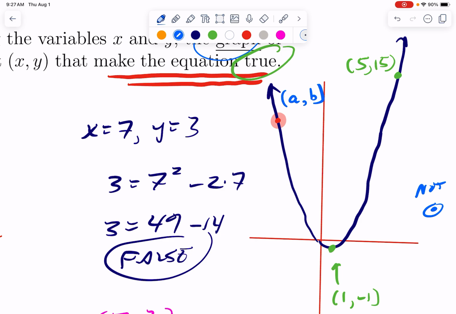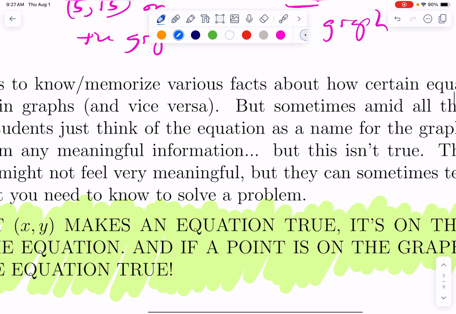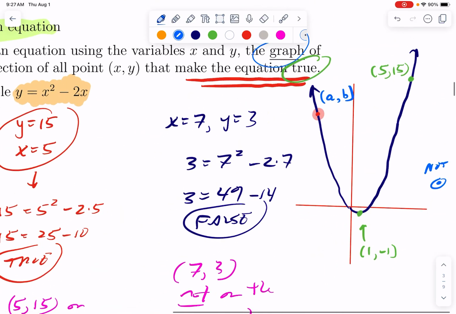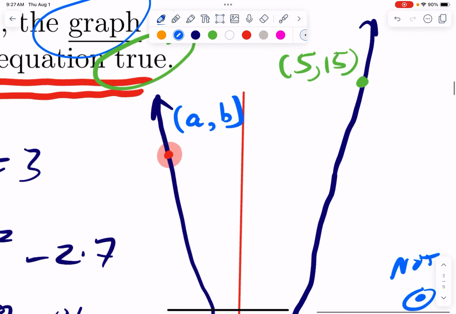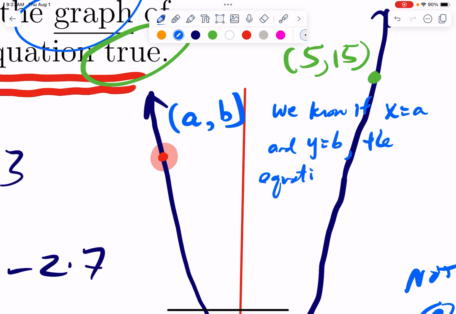Not everything needs to get written down because the main idea is written down here. But here's what we know. We know if x equals A and y equals B, the equation we've been talking about is true.